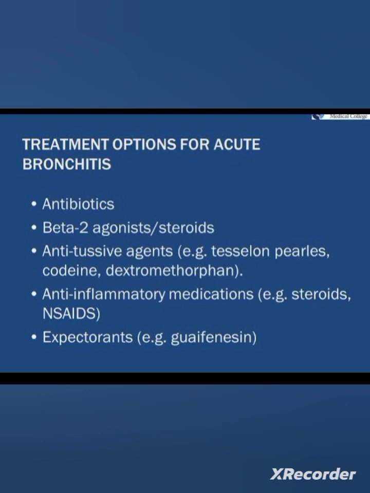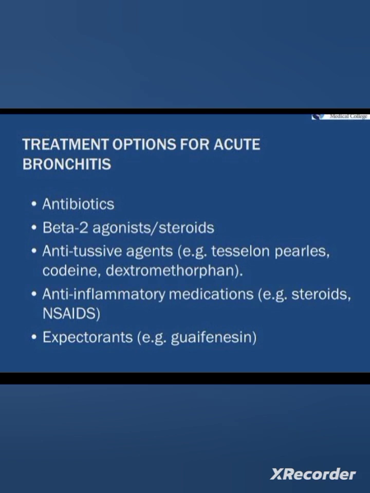In case of viral infections, we will start with antivirals. Then beta-2 agonists or steroids. Usually with steroids, we start with a BD dose, then taper the dose gradually.